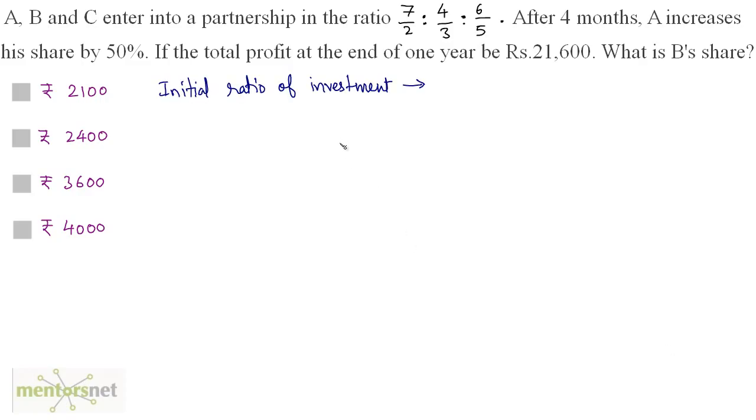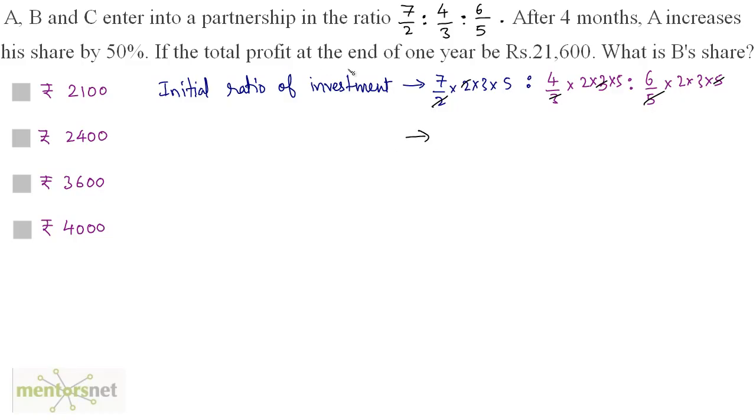We have been given the initial ratio of investment, which is 7 by 2 is to 4 by 3 is to 6 by 5. Let us rewrite this. I am multiplying each ratio by 2 times 3 times 5. So I have 7 by 2 times 2 times 3 times 5, is to 4 by 3 times 2 times 3 times 5, and 6 by 5 times 2 times 3 times 5. I can cancel out the terms here, 2 and 2, 3 and 3, and 5 and 5.